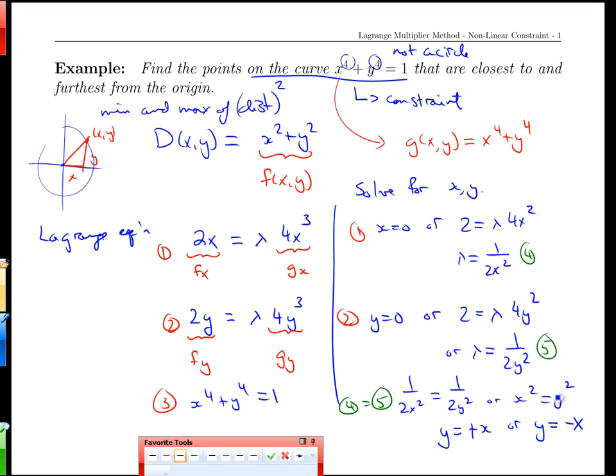If they're both equal to each other squared, then y would equal the positive or negative version of x. And that gives us quite a collection. So x could equal 0, y could equal 0, or y could equal positive x, or y could equal negative x. So what do we do with all that? Let's bring it to the next page and see what we can derive from all of that information.